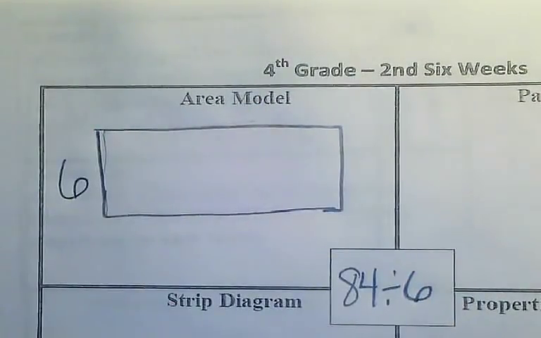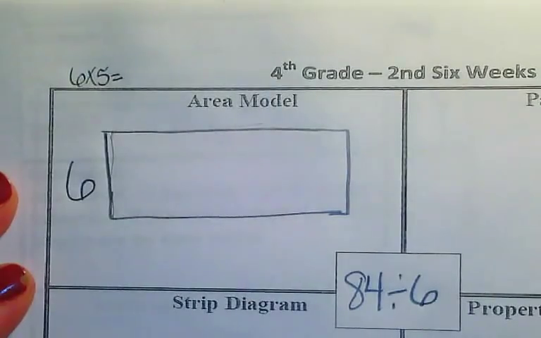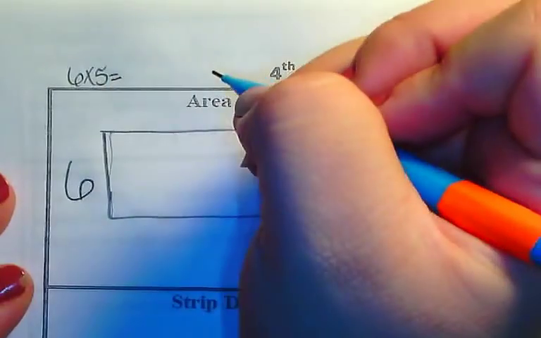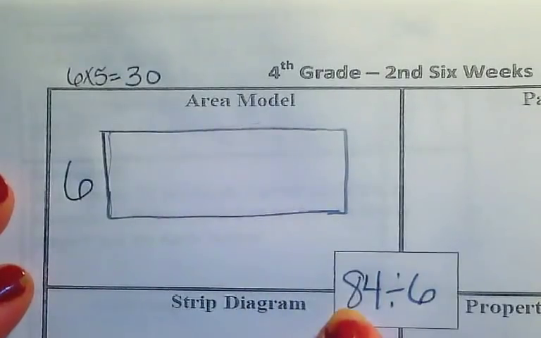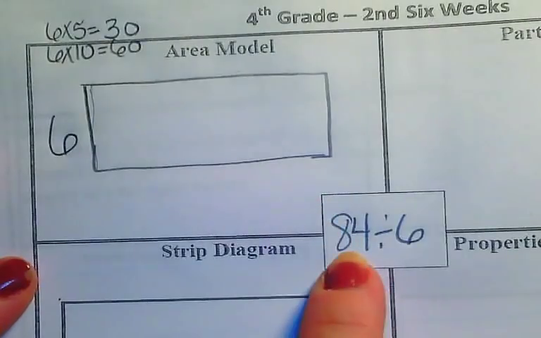Now, remember I tell you to start with 5, right? 6 times 5 gives you what? 30. It's still enough, right? Because this is 84. Okay, 6 times 10 then. 60. Okay, is it still enough?